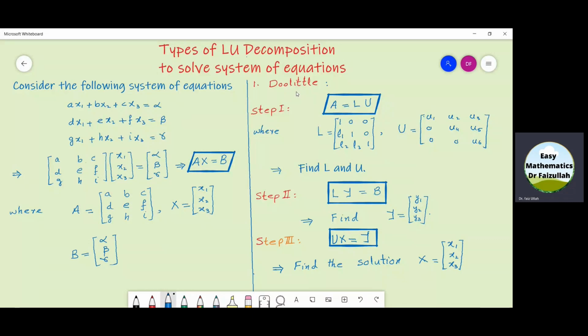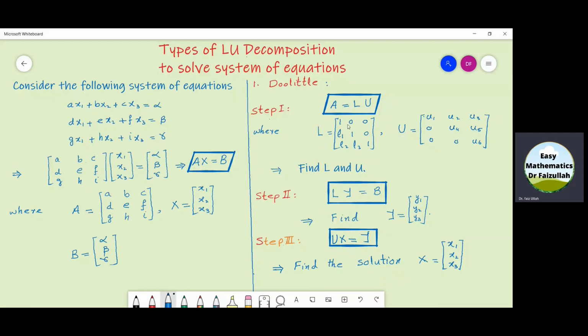According to this method, we can solve a system of equation in three steps. In the first step, we have to decompose a matrix A. In other words, we have to write A is equal to LU, where L will be given by this matrix.